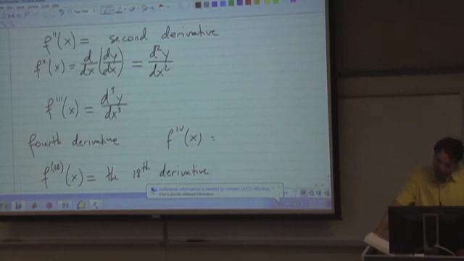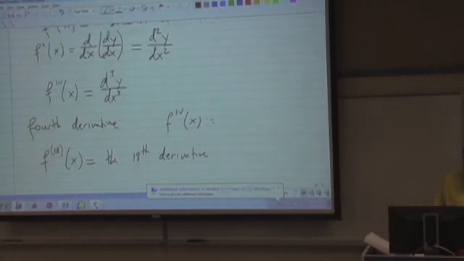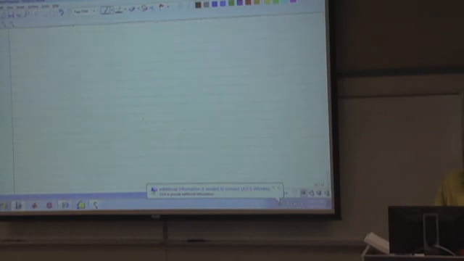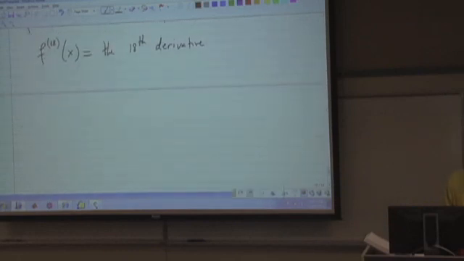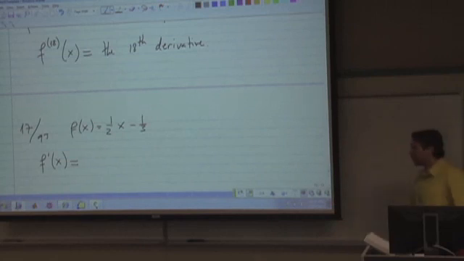That'd be nice. So actually, now that I said I'm not going to do it, out of curiosity, 17 on page 93. F of x is equal to 1/2 x minus 1/3. Can you tell me what the derivative is?